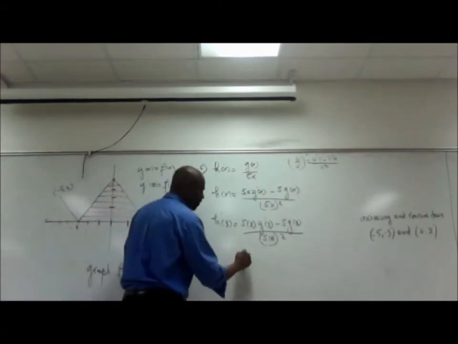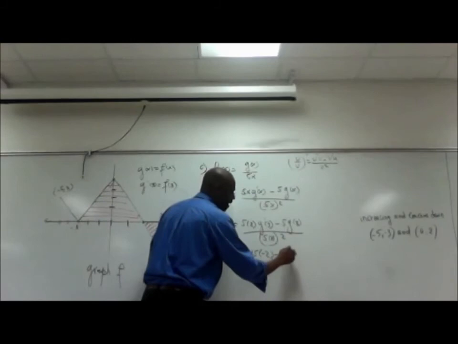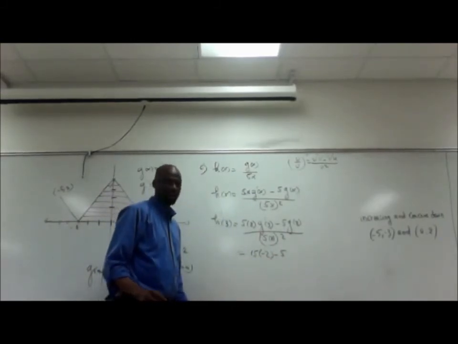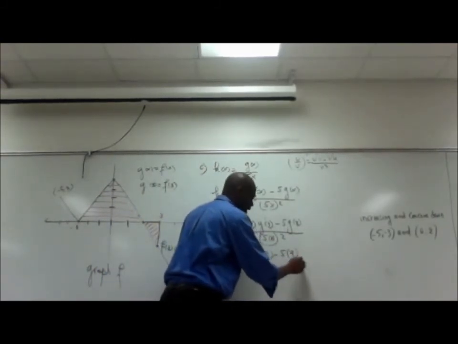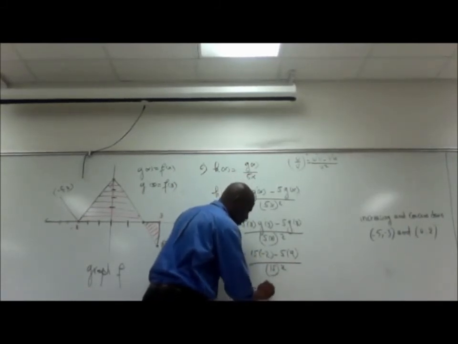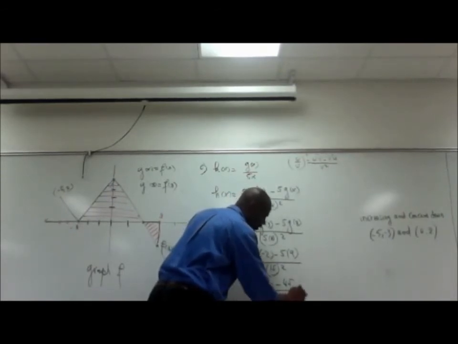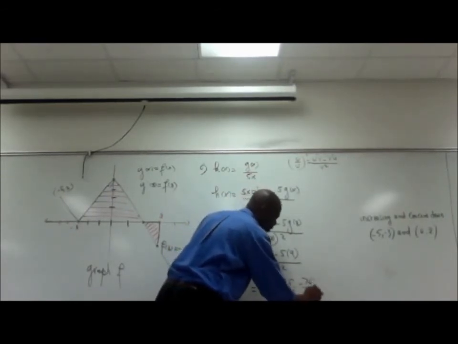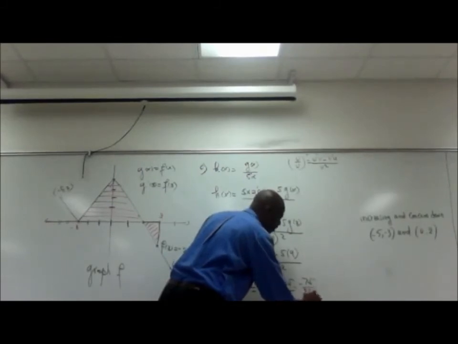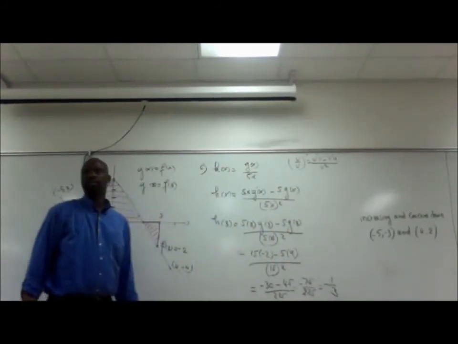So this will be 15 times -2 minus 5 times g of 3, which we said was 9, over 15 squared, which is -30 minus 45 over 225, which is -75 over 225, which is -1 over 3.